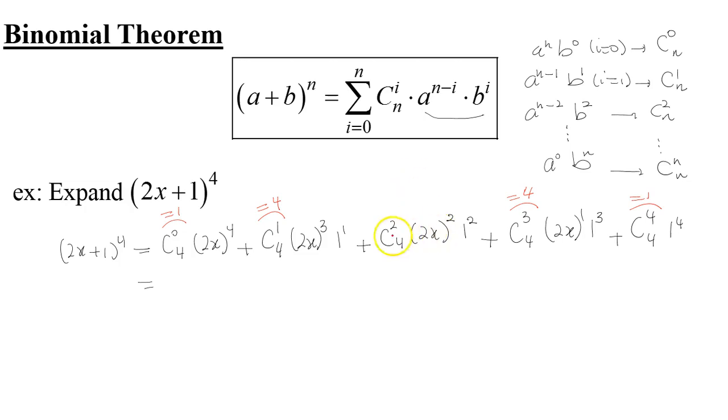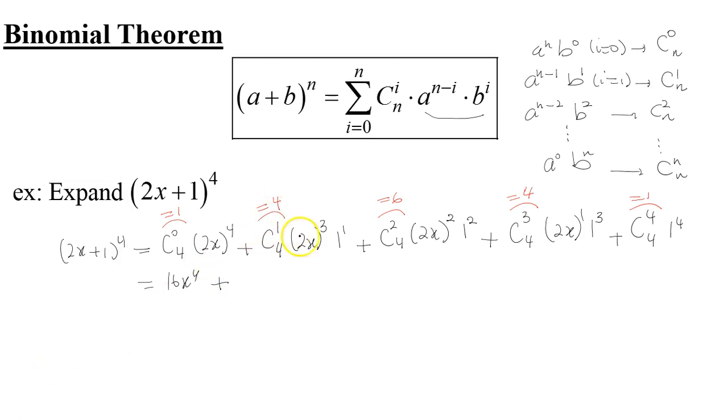Well, over here, the combination of 2 out of 4 would be equal to 6. If you look this up on your calculator, you'd reach a 6 for the combination of 2 out of 4. So over here, 2 to the 4 is 16 times 1, that's 16x to the 4.